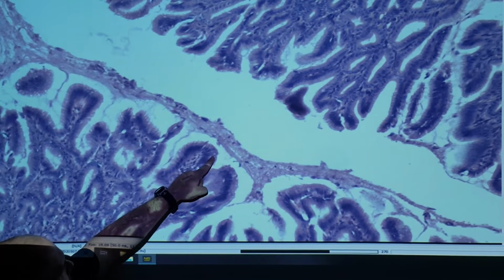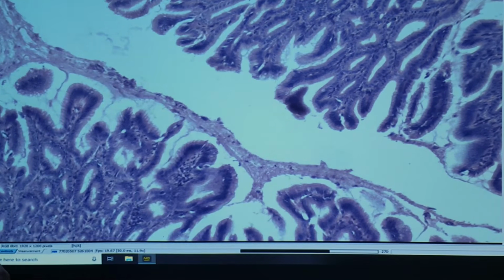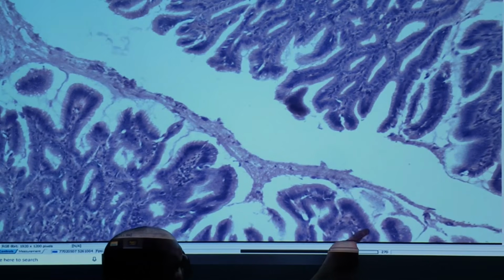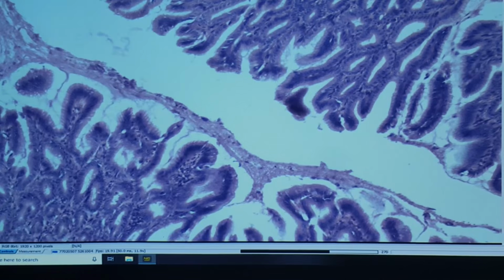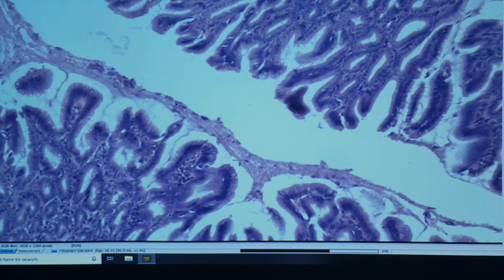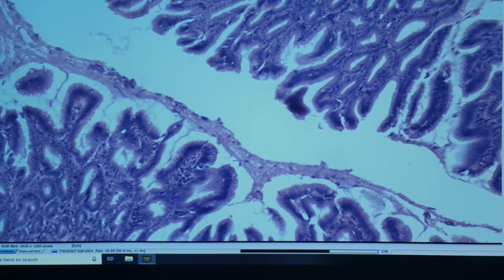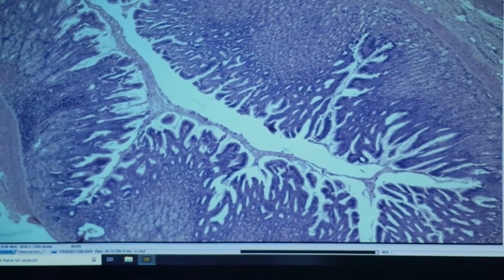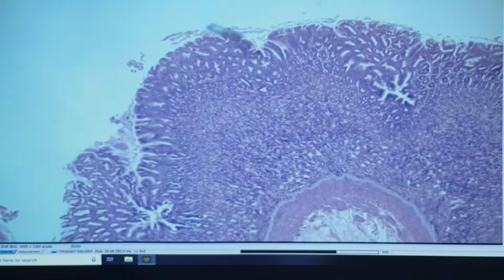Notice, I can see a goblet cell here, a couple over there, but not much in the way of goblet cells. Look at this whole big section with no goblet cells in it at all. So yes, I have simple columnar epithelium, but very few goblet cells and these narrow gastric pits in the wall of the stomach. And let's take a look at the layers here.